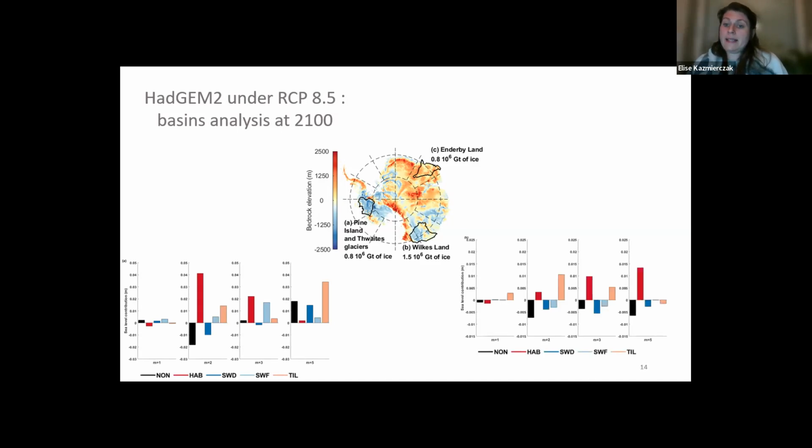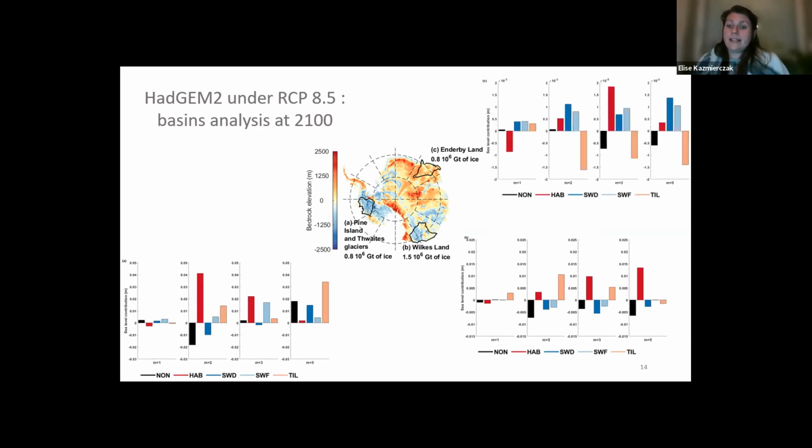Wilkes Land is a basin of the East Antarctic ice sheet with the potential for instability. And Enderby Land is part of the East Antarctic ice sheet, where the bed is mostly lying above sea level and where the contact with the ocean is limited.